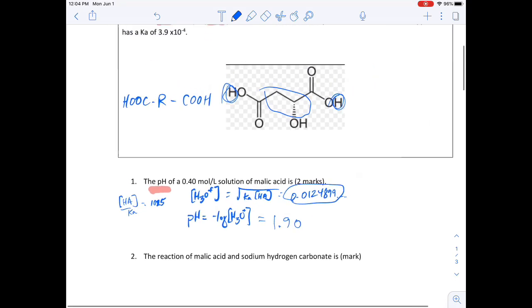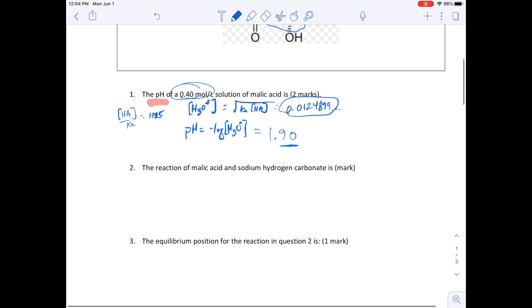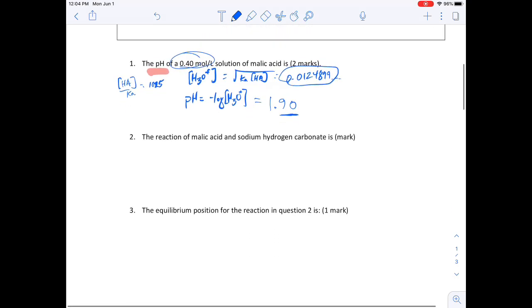Now, a common mistake is losing the sig digs. Here, this number had 2 sig digs. This number has 2 sig digs. This number also has 2 sig digs because for pH and pOH, we start counting significant digits after the decimal. Most people had a pretty good idea on that question, and so I'm pleased about that.